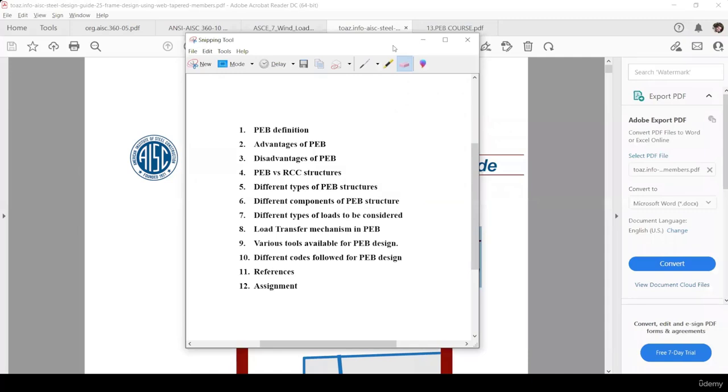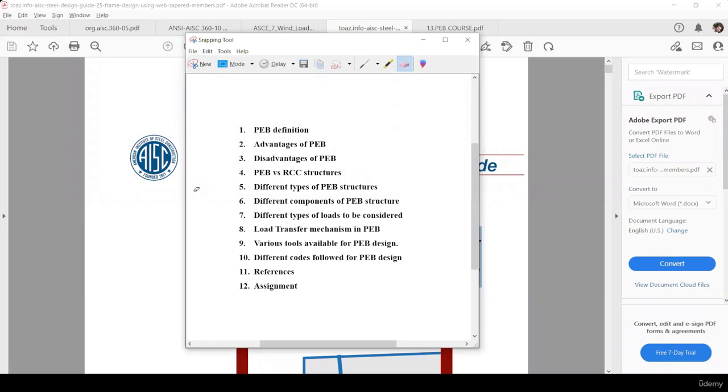So first of all, we have seen in the last lecture the PEB definition. What is meant by PEB? How taperization of PEB members will be done according to BMD, and what are the advantages of PEB over an RCC structure or over a conventional steel structure. What are the disadvantages of PEB we have seen?